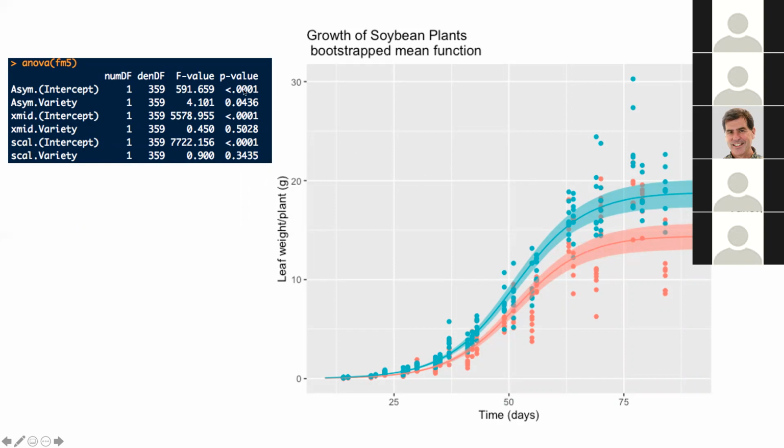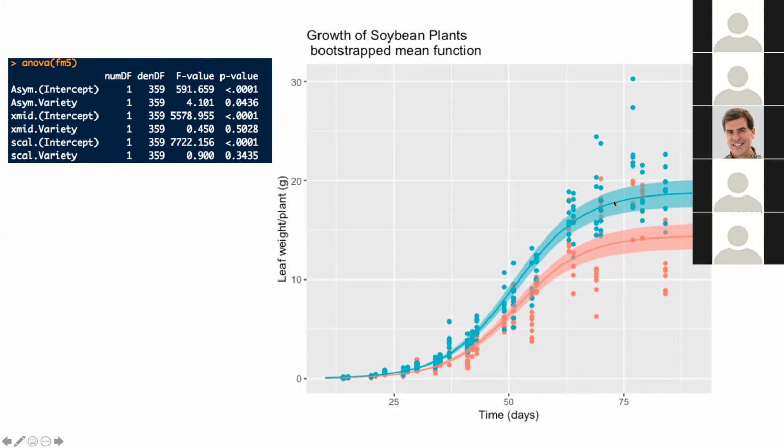The ANOVA table here tells us that the variety has a significant effect on the asymptote, but not so much on the inflection point or on the spread of this function, or the x midpoint on the scale of this function. But this is hopefully an acceptable graph of our nonlinear function that we fitted in this context of a mixed model.